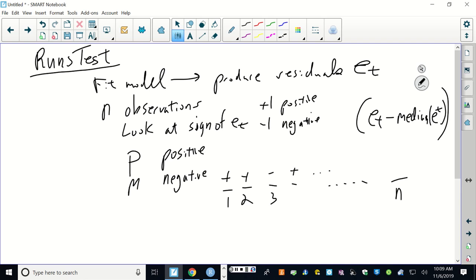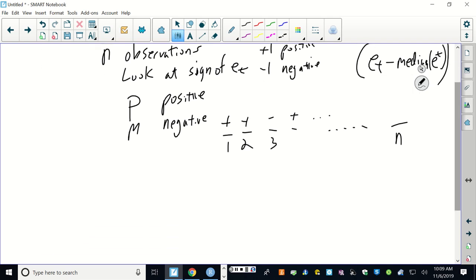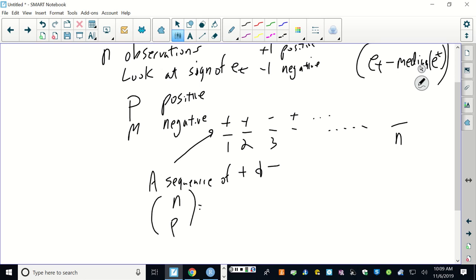And if they're independent, the placement of those positives and negatives should be completely random, right? So this is a sequence of positive and negative, and there are n choose p, or equivalently n choose m, possible sequences.